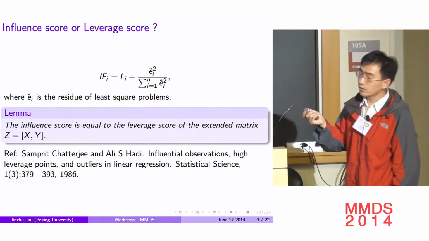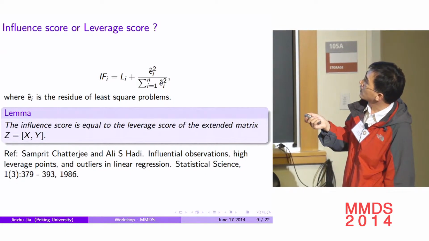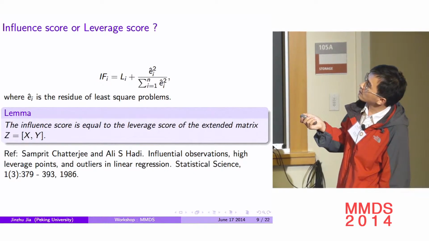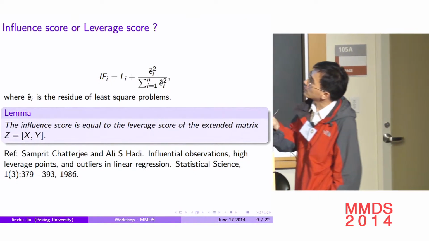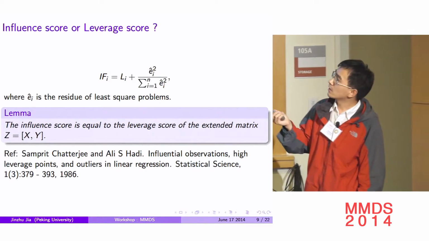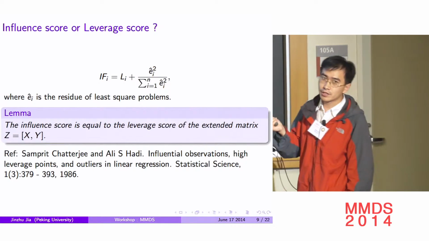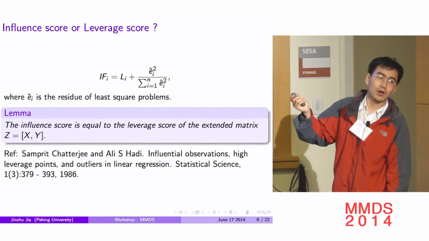So if we define the extended matrix as the design matrix X and then another column of the observations, the responses, this Z is called the extended matrix. The leverage score of the extended matrix, in fact, is equal to this influence score.